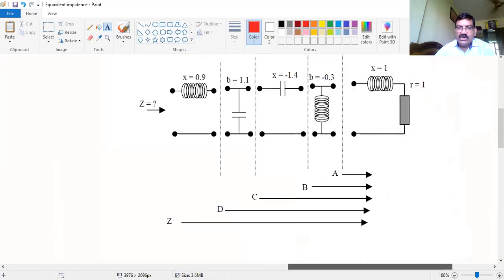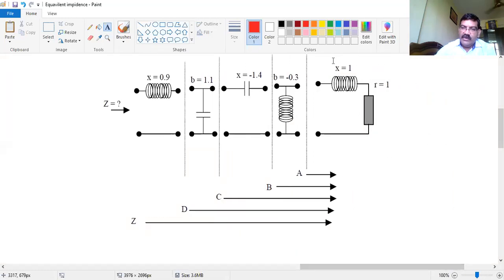This is the first part that I located, which I have put as A. Now I'll add the next element, but the next element is in parallel. The previous ones are in series and the next element is in parallel. So whatever this AZ is, I have to convert it to AY, and then I can add this element.